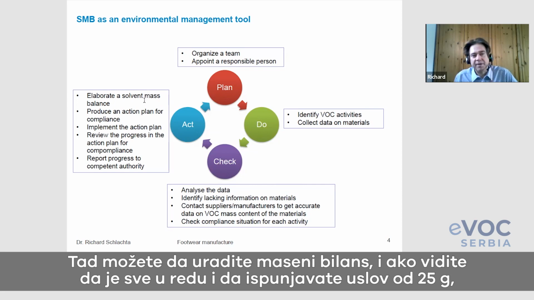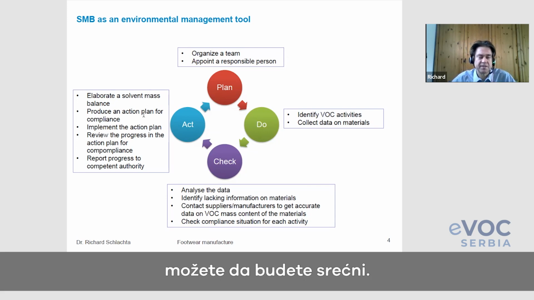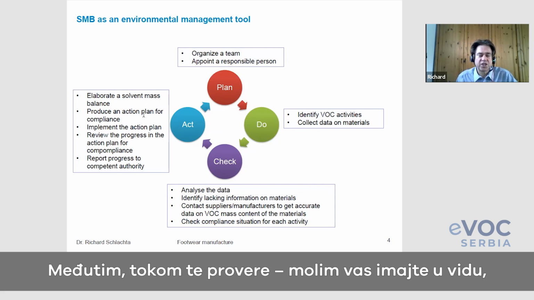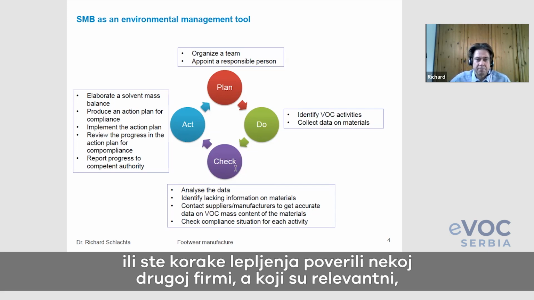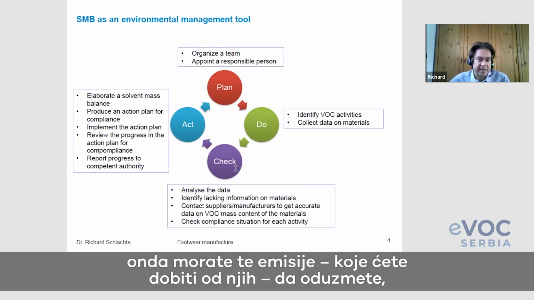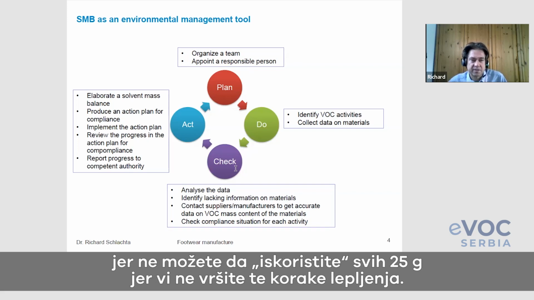And maybe if you see everything is fine and you comply with the 25 grams, you can be happy and say wonderful. But during this check, please keep in mind, if you get materials from your sister installation, or you have outsourced some gluing steps that are relevant, then you must get the emissions from that supplier, because you cannot take into account the full 25 grams, because in your installation you don't do these gluing processes.